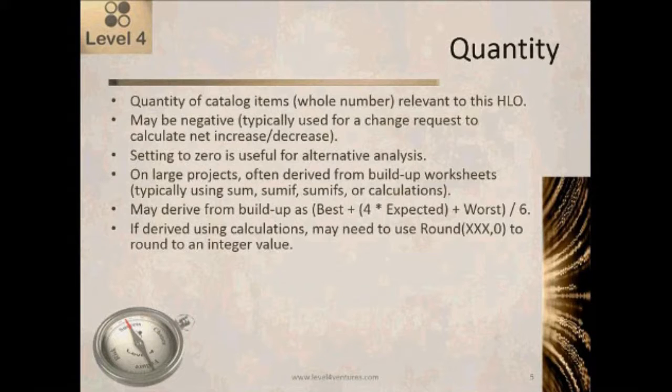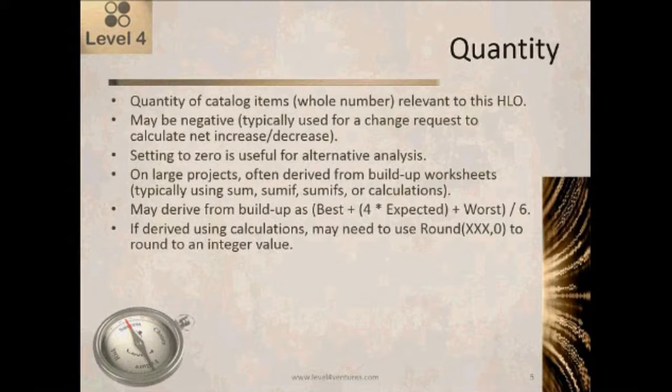So I would want to use a sum if, and I would do one sum if and match for page. That way it would give me the total of all the rows of type page. Then I might do another sum if of type interface. It would give me the total of all the interfaces. Another sum if of type report. It would give me the total of all the reports. So that's a handy way to come up with subsets of the sum that you can then automatically carry forward onto the HLO quantity field.